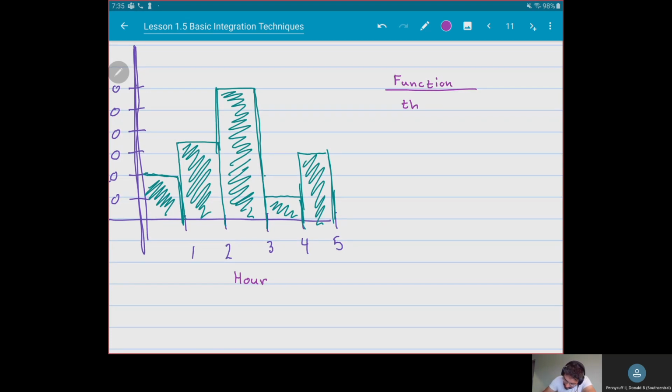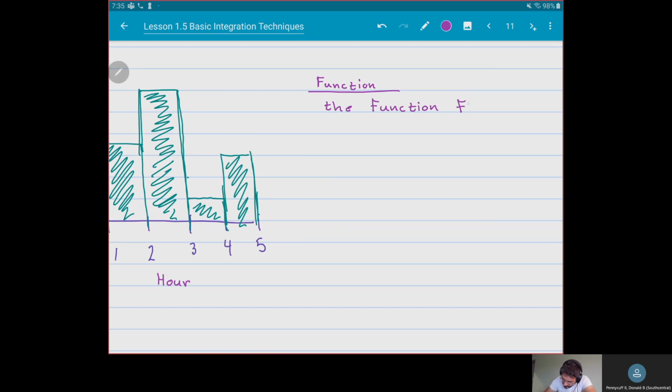The function, and let's just call the function f of x, but we could call it whatever we wanted, p of t, it doesn't really matter. The function tells us how many parts we made for a given value, or a given hour.